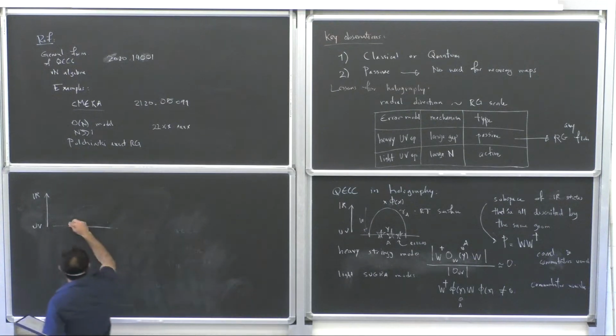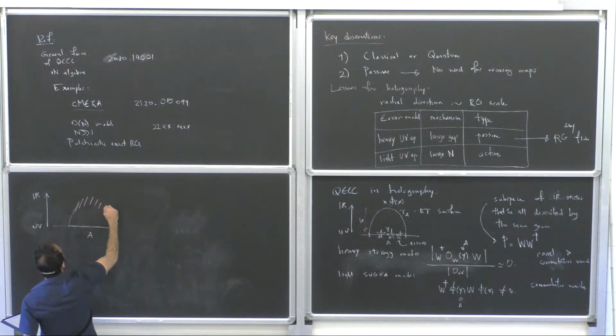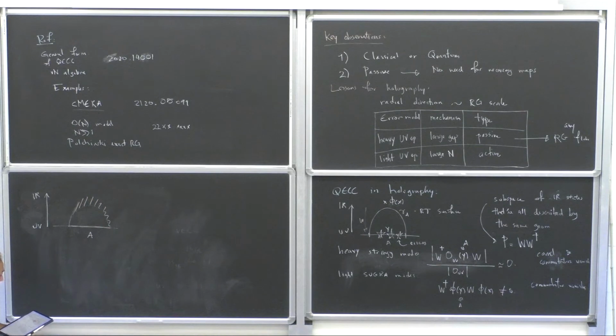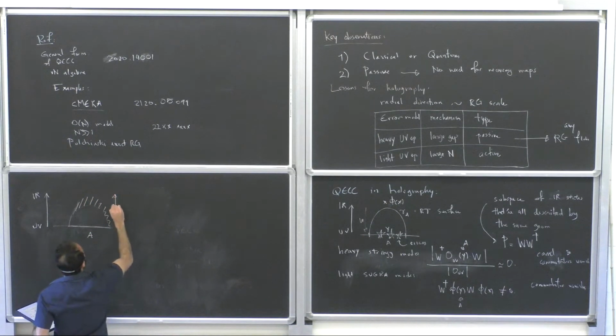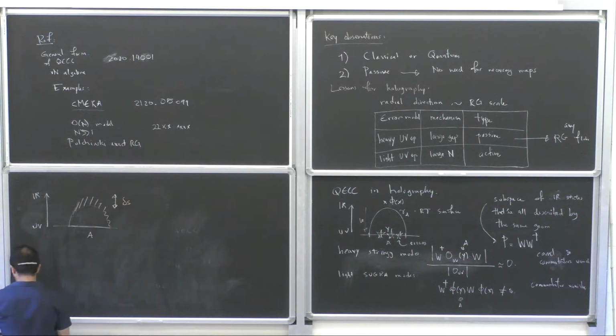Here, what you end up with is some sort of a region that has some sort of width delta S. Let me clarify what I mean by delta S. Let's say what I mean by UV versus infrared is E to some S, just parameterization.